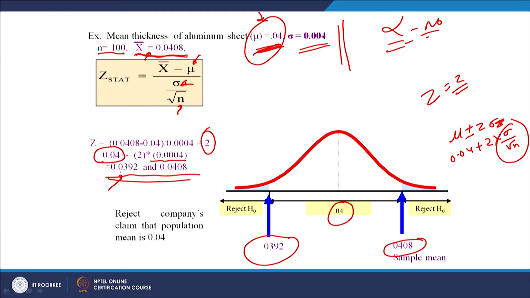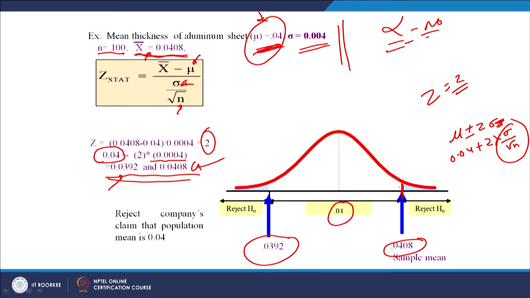So, 0.0392 to 0.0408. After finding these limits, you need to check whether your sample mean falls in this range or not. Our sample mean is exactly on this upper limit.